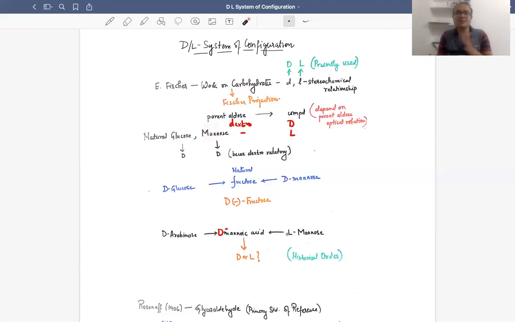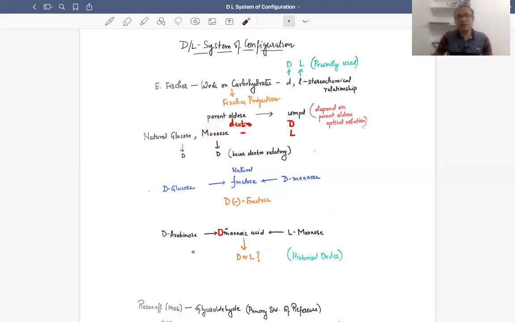So it was a synthetic correlation that they trusted to assign the D and L configuration. They were more or less very correct in their prediction of the planar projection formulas, which was later identified to be correct, though their methodology was quite confusing and wasn't that effective.